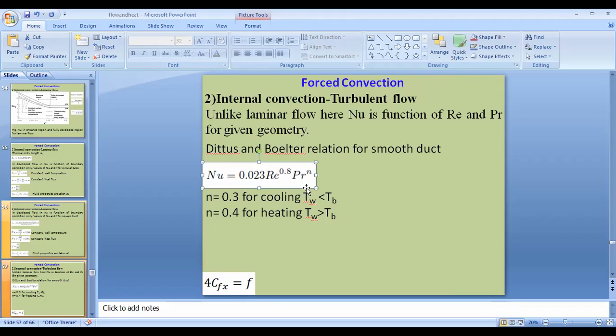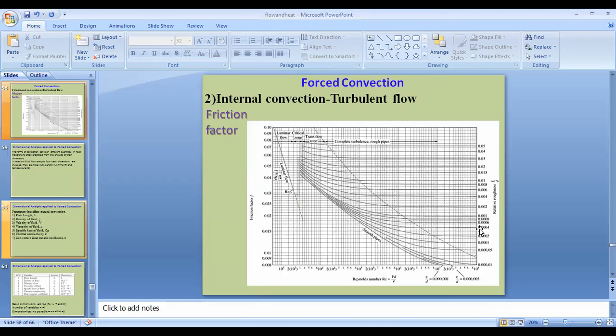Reynolds number and Prandtl number. It also depends on whether it is cooling or heating. So generally, for a smooth duct, for heating and cooling, we use the Dittus-Boelter relation. The friction factor you can calculate from the Moody chart.